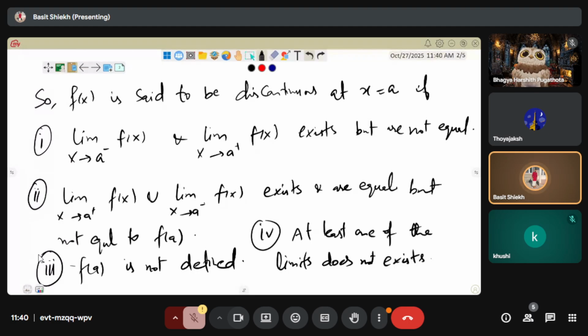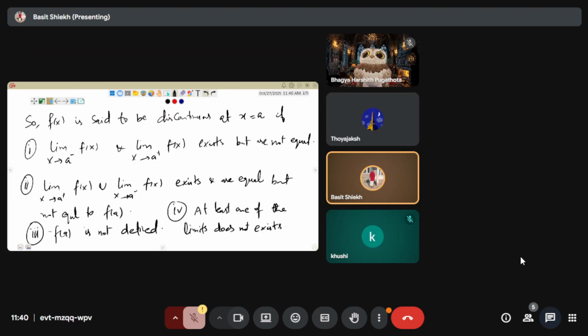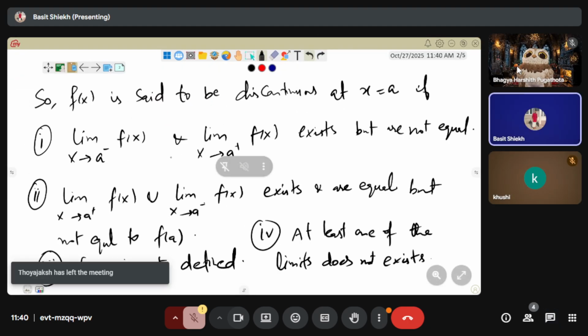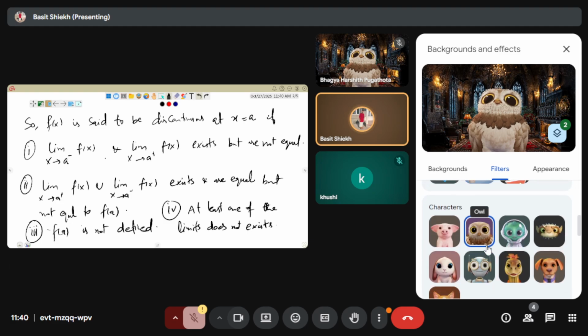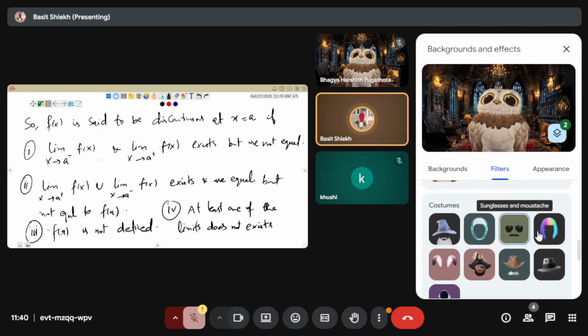First condition is if left hand limit, x going to a minus f of x, and right hand limit, x going to a plus f of x, both exist but are not equal. That means left hand limit is not equal to right hand limit, so we have discontinuity. If limit does not exist, we cannot say function is continuous.